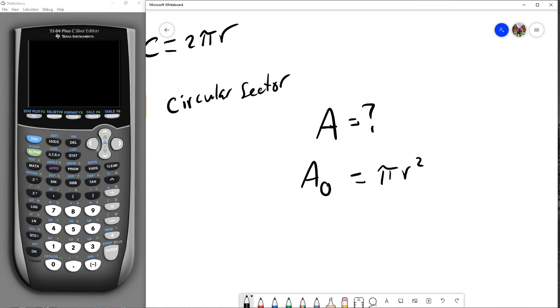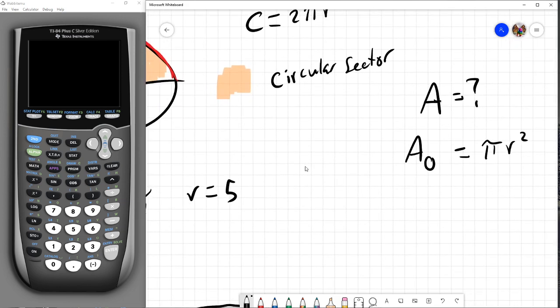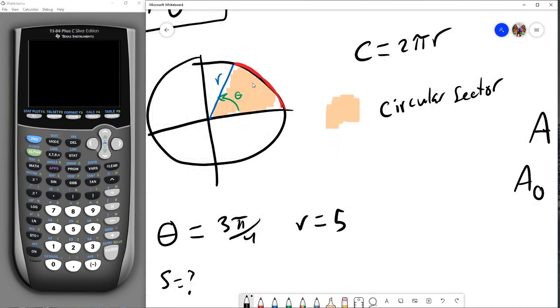Now, if we want to find the area of a circular sector, then what we need to do is figure out how much of the circle falls under this shaded region that's orange here. So we want to think about what is the percentage, if you want. What is that proportion or that ratio? How much of the circle is actually here? When we think about this sector here, we are cutting an angle of theta out, right?